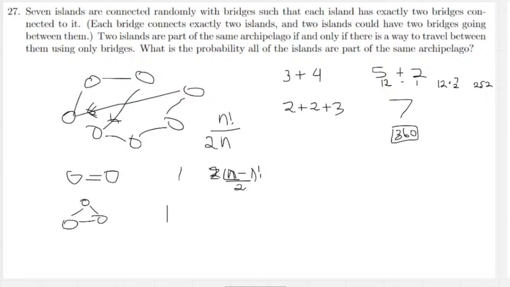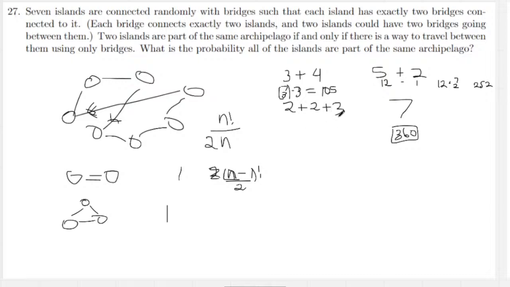Okay. Now, 3 plus 4. Well, now we just do 7 choose 3. And then 3 archipelago is 1, and the 4 archipelago is 3. And so this gives us a total number of 210 ways. 105 ways.